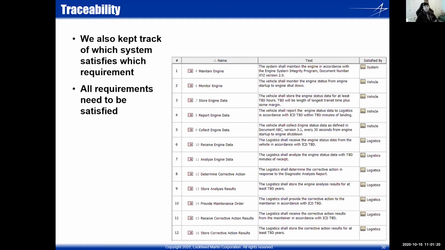So I made a requirements diagram, I put these requirements in here, I defined my system structure, and I linked the system elements to my requirements. And then I just generate this view to give to the customer and say, hey, these are the things that we're going to build for you in order to meet these requirements.